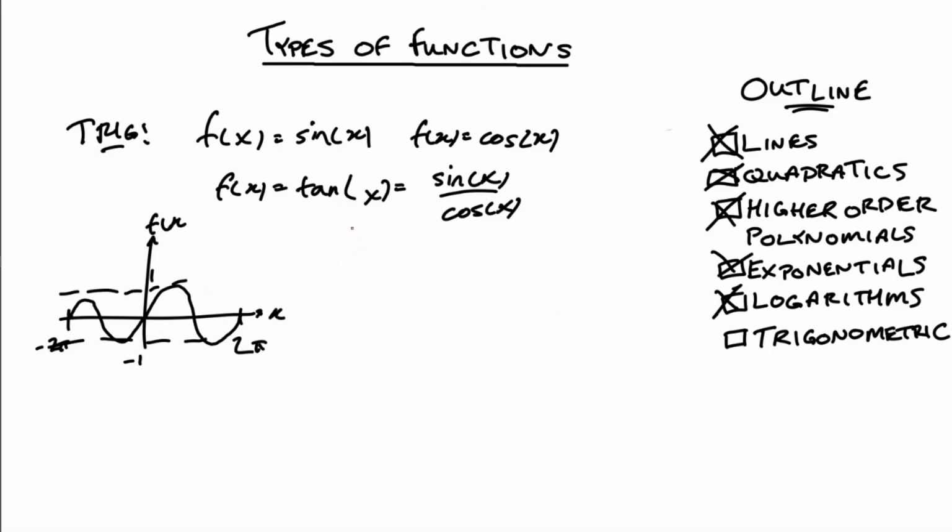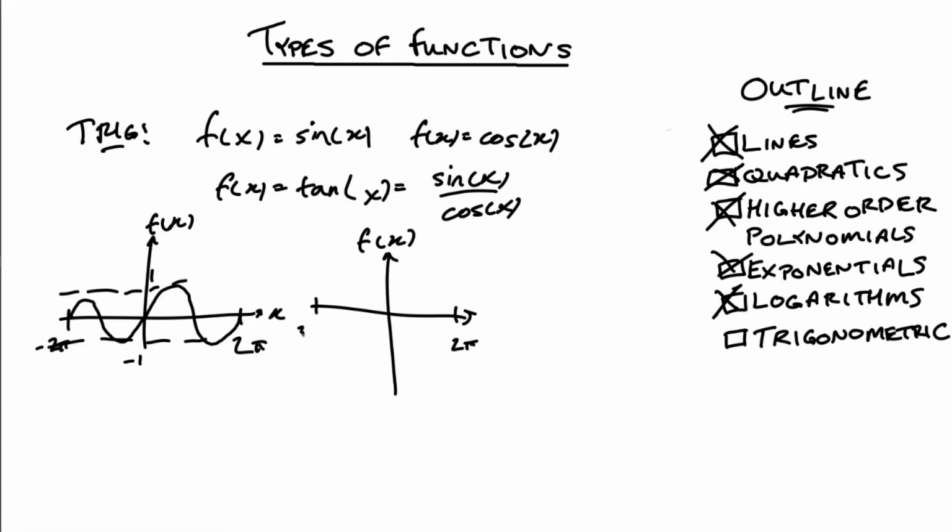And the interesting thing is that cosine is actually just a shifted form of sine. So if we were to shift sine by pi over 2 to the left, then we would get cosine.